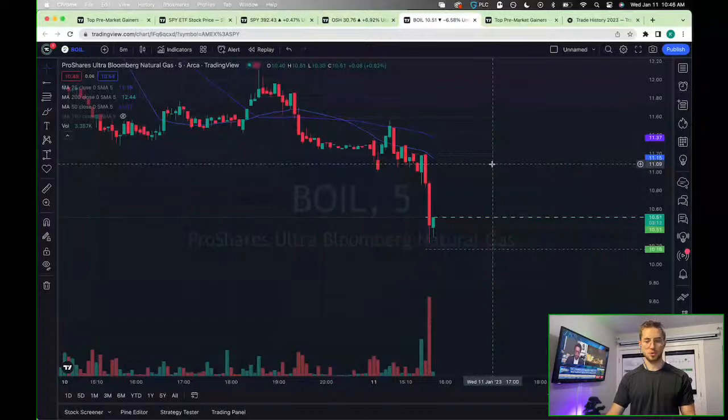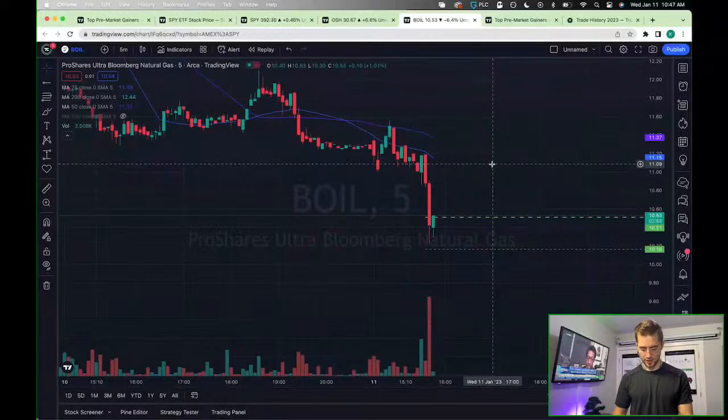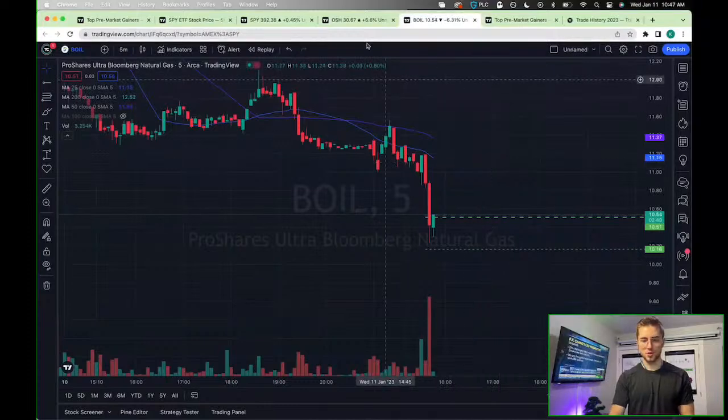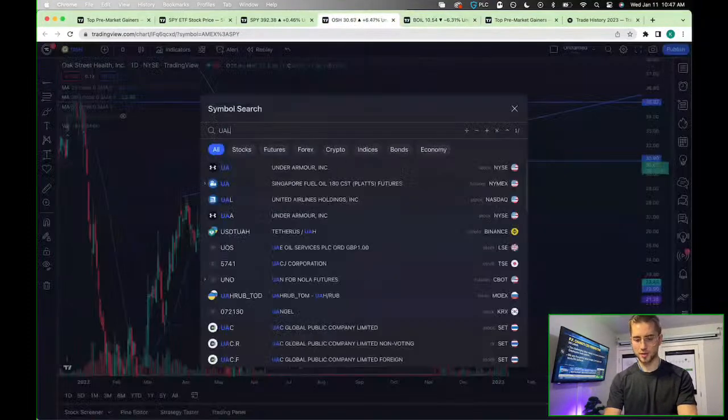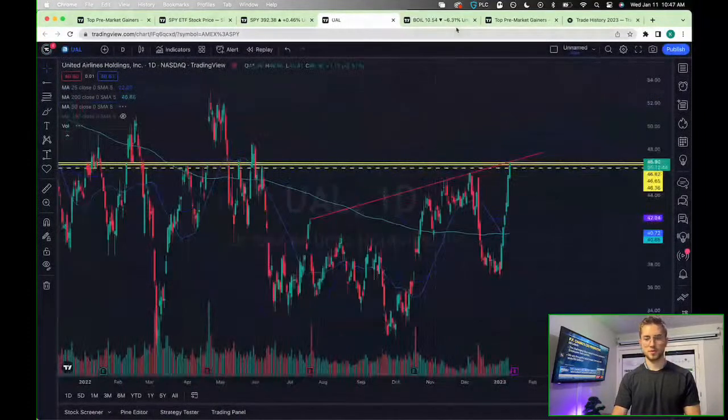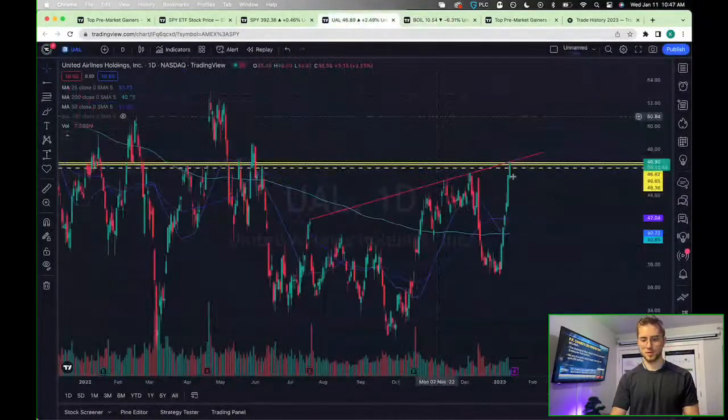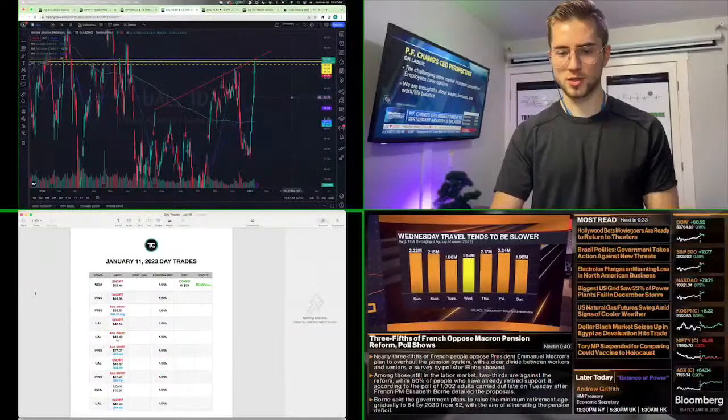Let's flip back to BOIL. BOIL's catching a nice little bounce. UAL's at 46.87. It just keeps going. UAL average is at 46.45. Look at UAL, it's wanting that trend line.